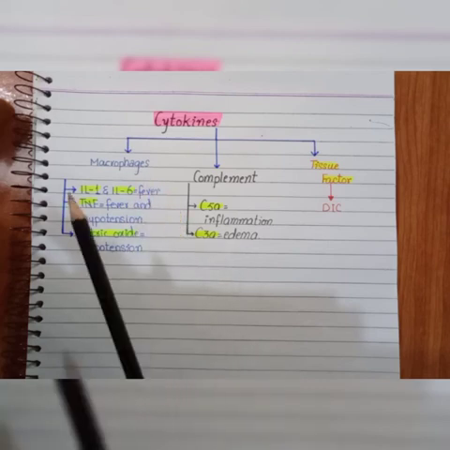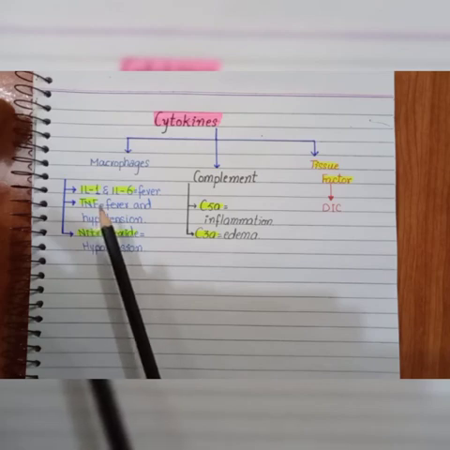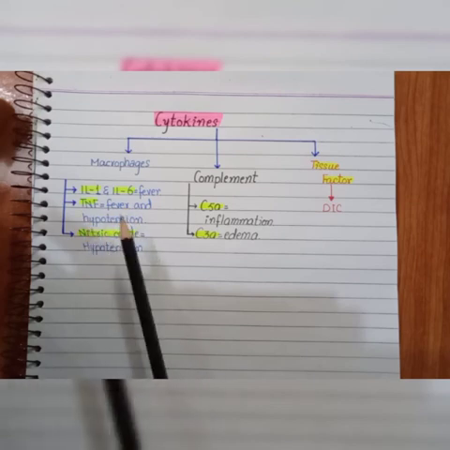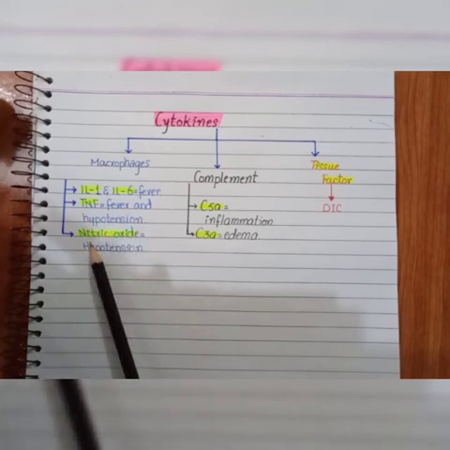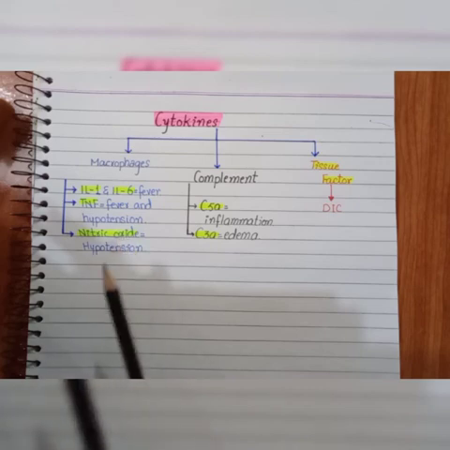When it releases tumor necrosis factor, it will cause an increase in capillary permeability and cause fever and hypotension. When it releases nitric oxide, it will increase vasodilation and cause hypotension.